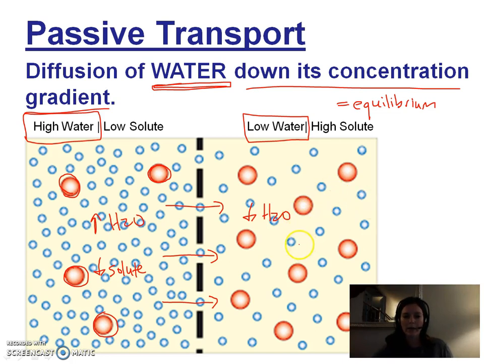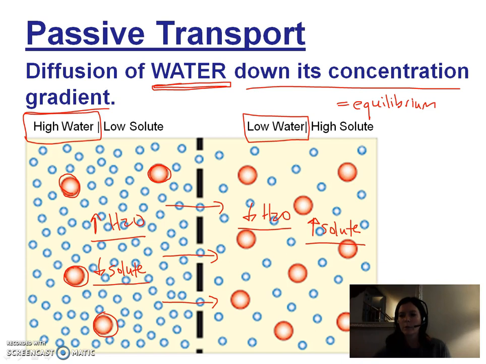On this side where we have low water, we have filled up that space with high solute. So these are always going to be in opposition. Where you have a high water concentration on one side, you will automatically have a low solute concentration in comparison to the other side. A low water concentration will always be joined with a high solute concentration. Otherwise, it would be equilibrium, and you would have equal amounts of water and solute on both sides.